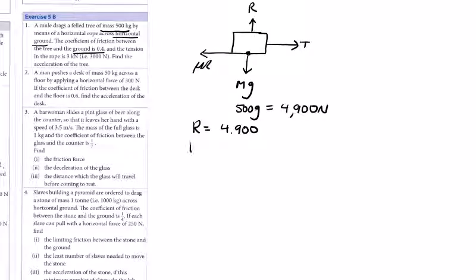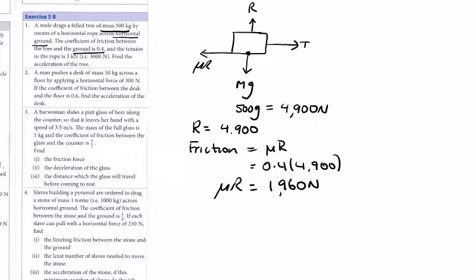My friction force is equal to mu times R. In this case, we have mu to be 0.4, 0.4 by 4,900, which is 1,960 newtons. So that's mu R, my friction force.